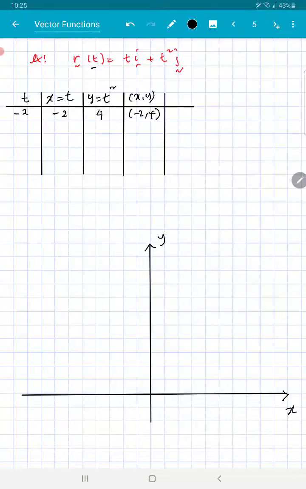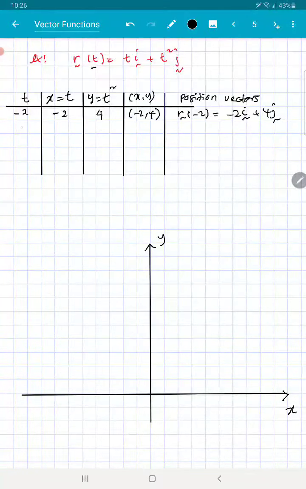So negative 2, 4 would be the endpoint of our position vectors. Now the position vectors, the last column: for t equals negative 2, we have negative 2i plus 4j. So that's the position vector when t is negative 2.